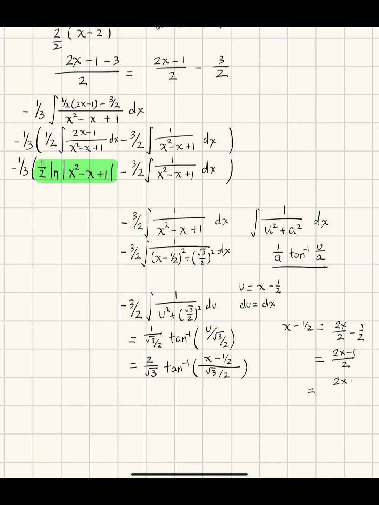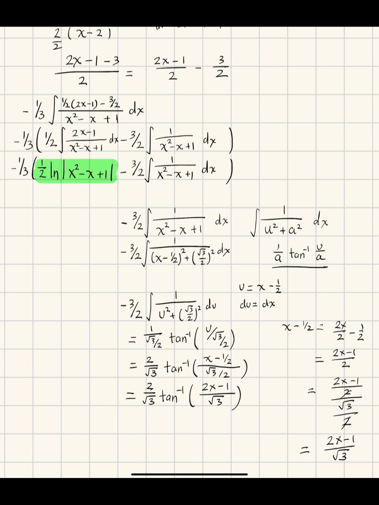Plug it back in, 2x minus 1 over 2 over square root of 3 over 2. Now the 2 cancels out. All we got is 2x minus 1 over square root of 3. And plug that value back in, and we just solved our last integral.